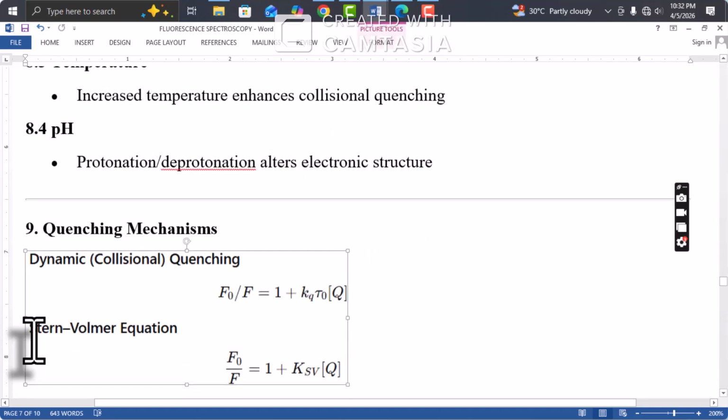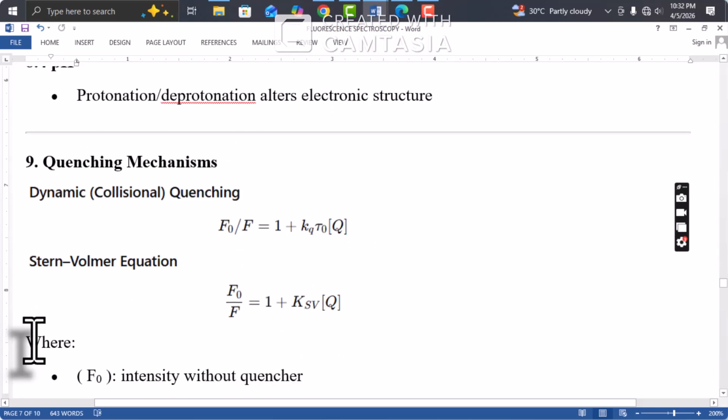Now to quenching mechanisms. How is fluorescence quenched? One, you have what we call dynamic quenching. Dynamic quenching means that when molecules collide, fluorescence can be quenched. And you have the Stern-Volmer equation.